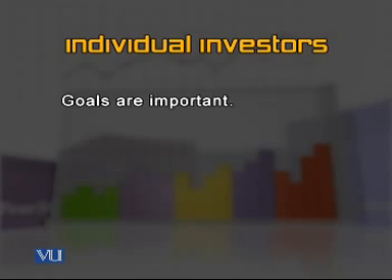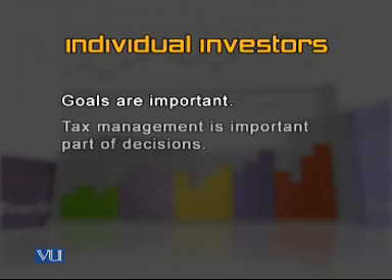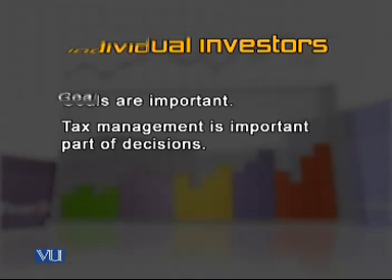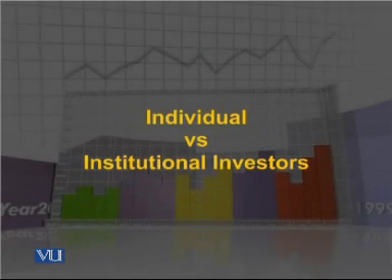What are the goals? For an individual investor, goals are important. The results of his investments are important. For an individual investor, it's important to look at tax management, one of the integral parts of making any decision. For an individual, there are more constraints compared to an institutional investor.